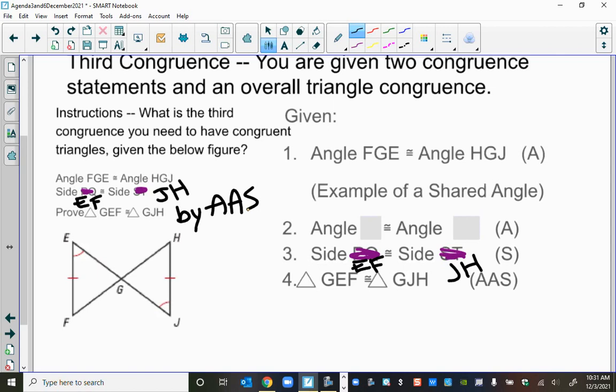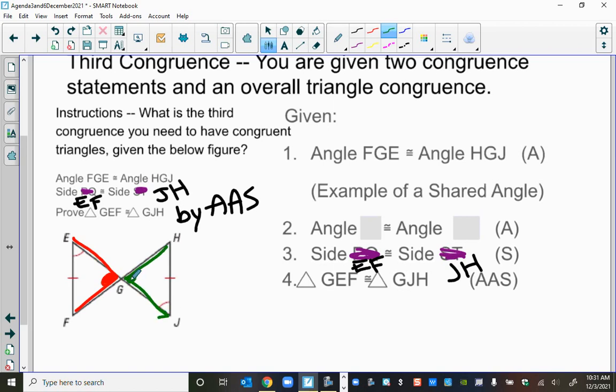But this one's going to be easy. You know what? I'll give it to you because this was a messed up slide. So FGE is this angle over here. And then HGJ is this one over here.